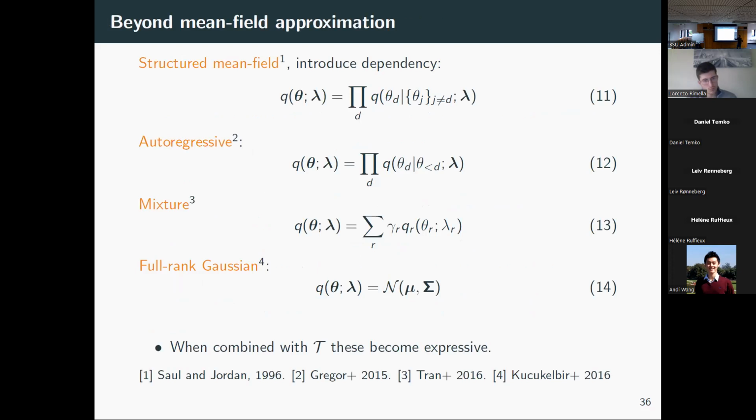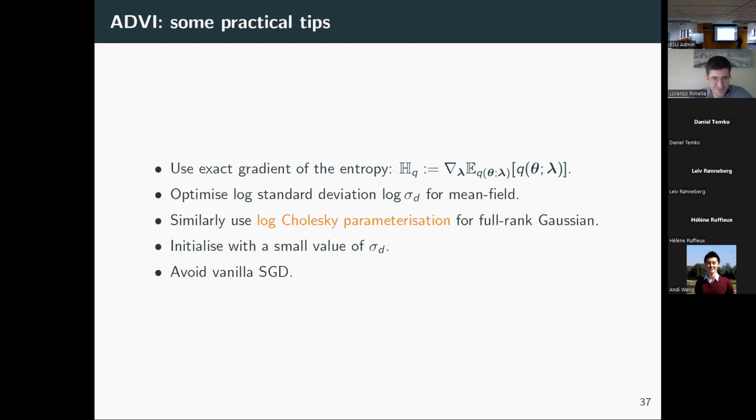Please don't take my word for that. It's banned to use ELBO for model selection, but nobody heard me. You can do it. It works.